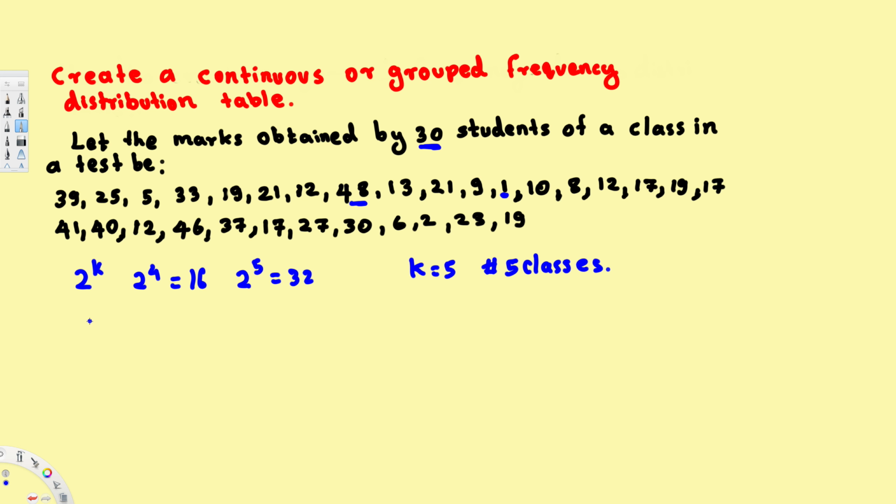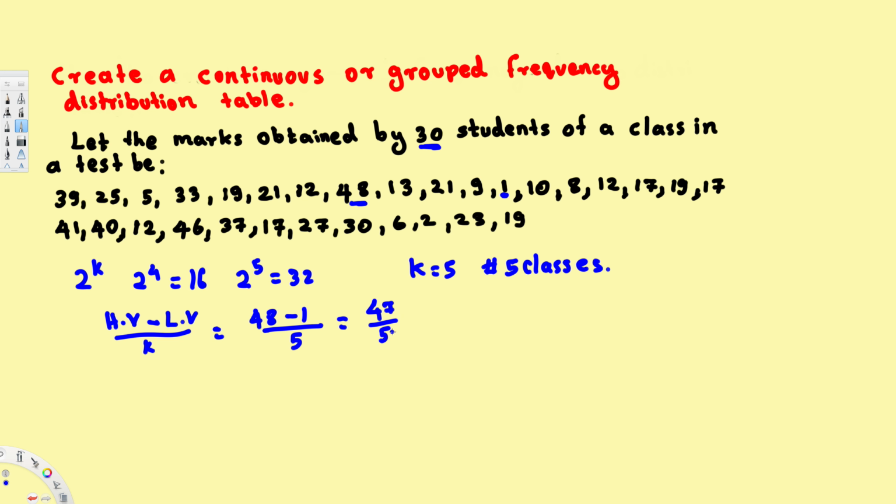Now to find the range, it is the highest value minus the lowest value over the number of classes k. The highest value is 48 minus the lowest value 1, divided by 5, and here you can see 47 over 5, that's giving a decimal value.